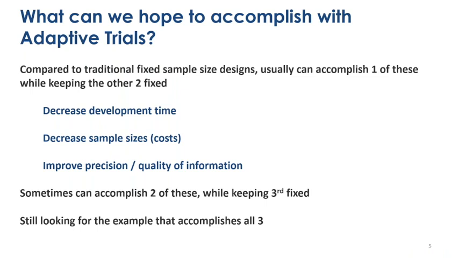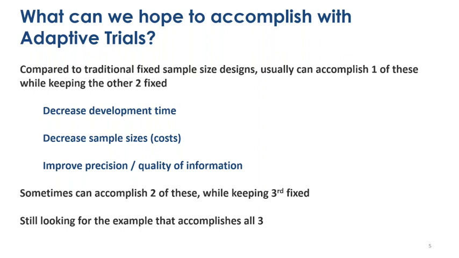What can we hope to accomplish with adaptive trials? In comparison to traditional fixed sample size designs, we can usually accomplish one of these three while keeping the other two fixed. So we could either decrease development time, decrease sample size costs, or improve precision and quality of the information we collect.